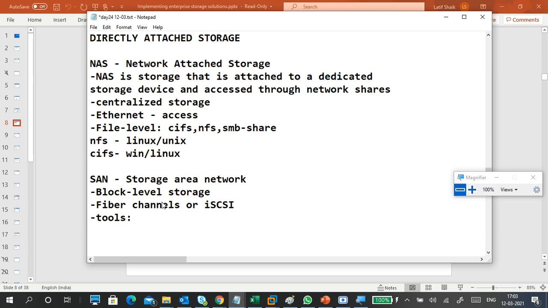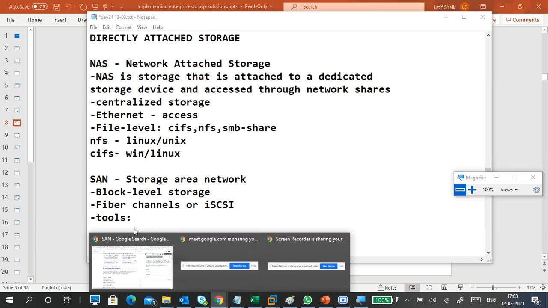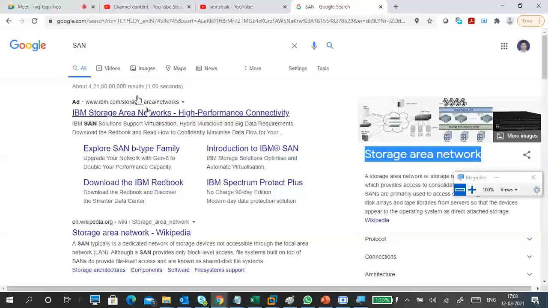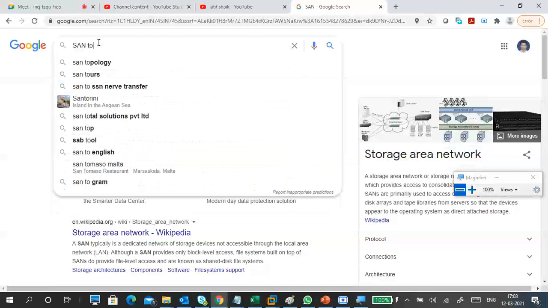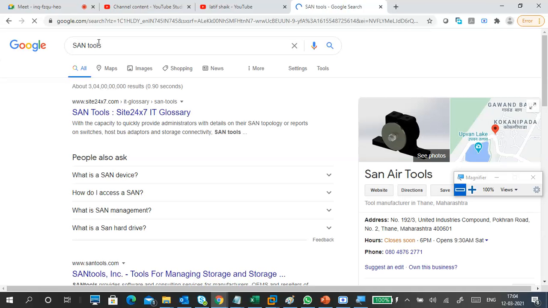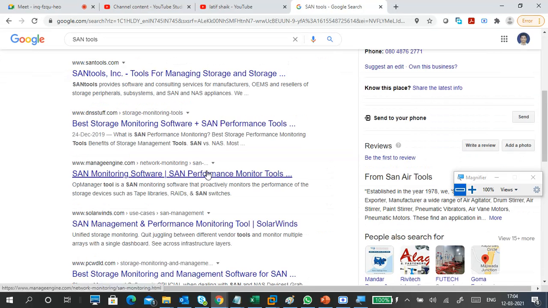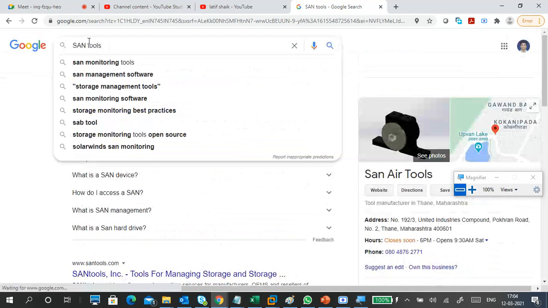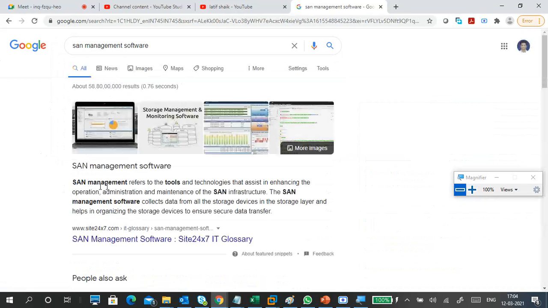A famous tool is the target NAS SAN configuration tool, management software.